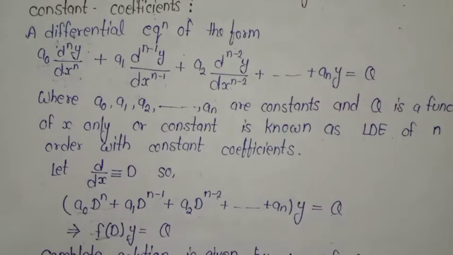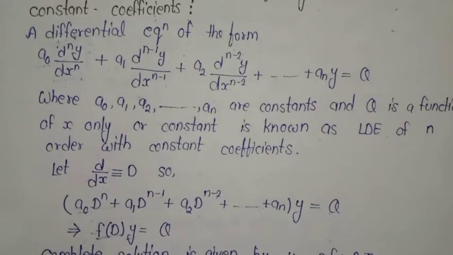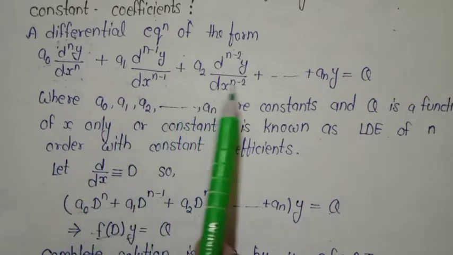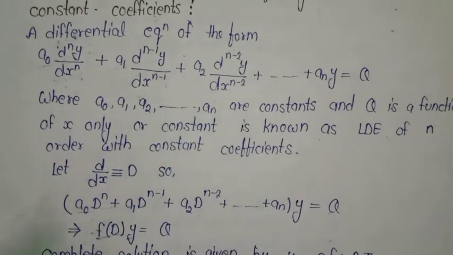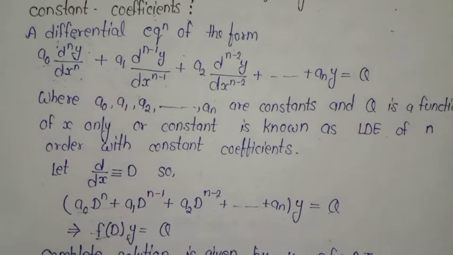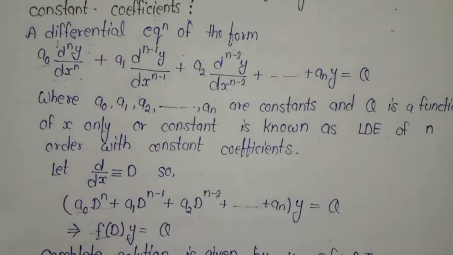Now in order to find the complementary function, before that, I want to tell you how to write the complete solution for any differential equation which is given in this form. The complete solution is the sum of two terms which are known as complementary function and particular integral.